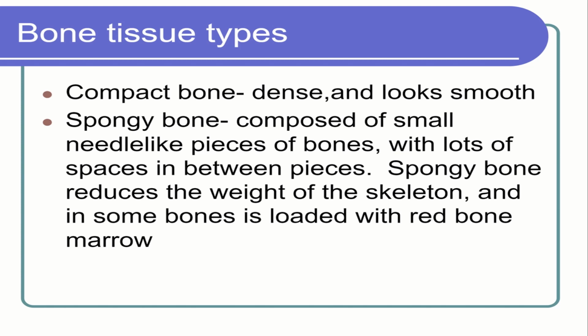Our skeleton is already very heavy, and if our entire skeleton was made of compact bone, it would be nearly impossible to move it around. It is what makes us able to move is the fact that our bone does have this rather porous texture of spongy bone.